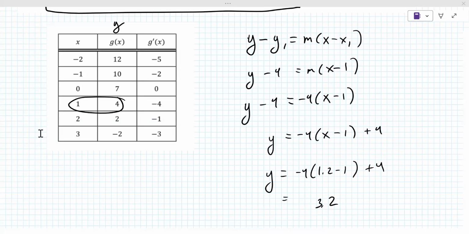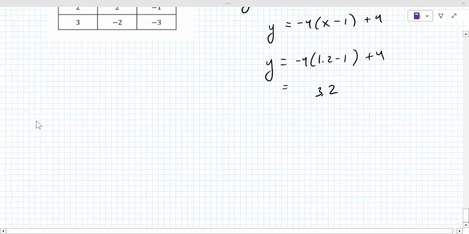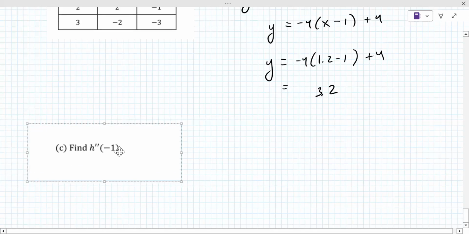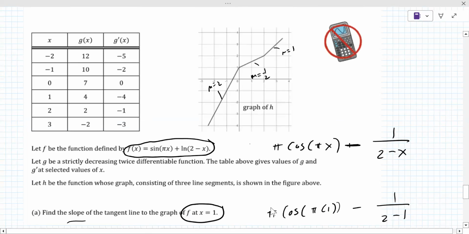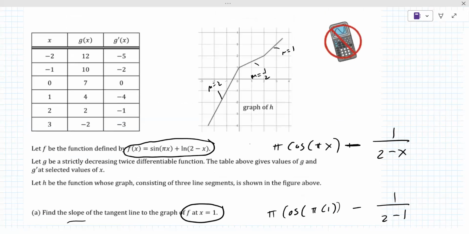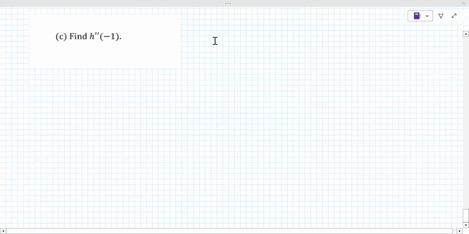All right, next one here is to find h double prime at -1. So let's go back and figure out what's h. What are they giving you for h? Oh yeah, they're giving you the three graphs. Okay, and you might say, how do I do that? Well, remember the derivative is slope, so we go grab it here.